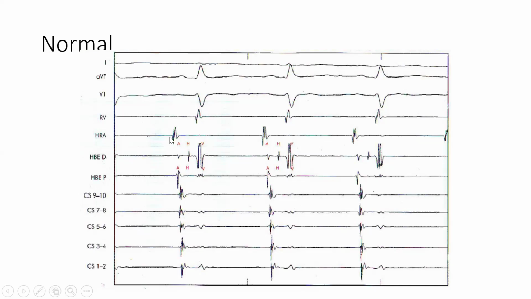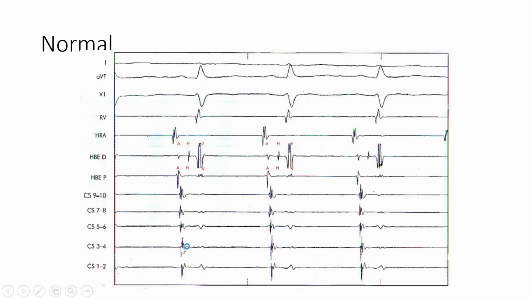This is what you call concentric conduction. But in a situation where CS1 and 2 comes earlier than CS9 and 10, it tells you that an accessory pathway is activating the left atrium faster than the right atrium.